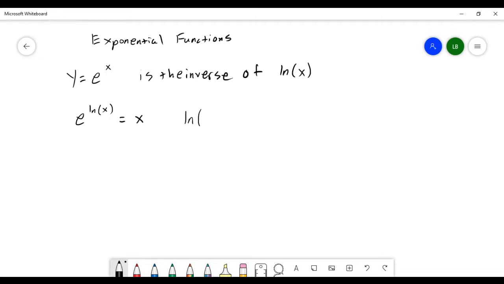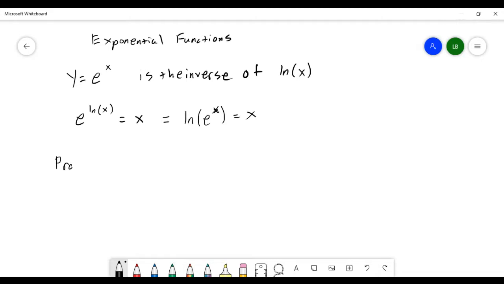And also the natural log of e^x is equal to just x, because these two functions are inverses. And this is an important property because it's how you manage to take the inverses of functions involving natural log or e. And it's just very helpful for algebraic simplification.